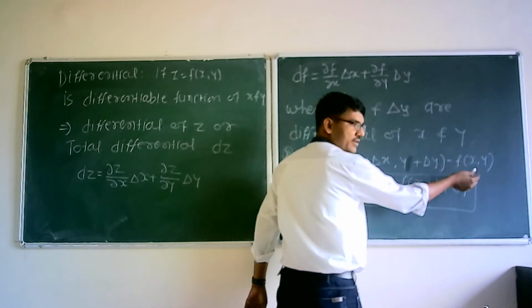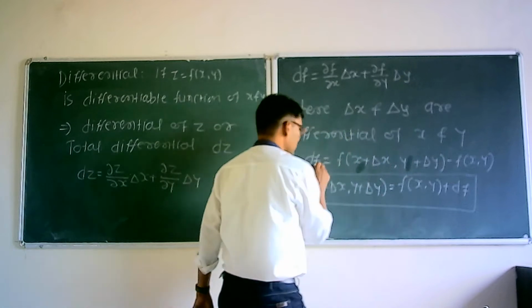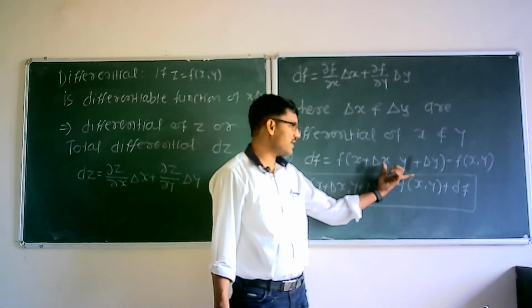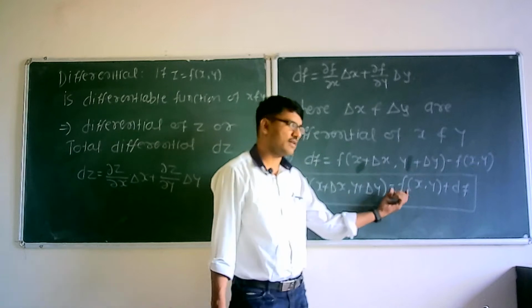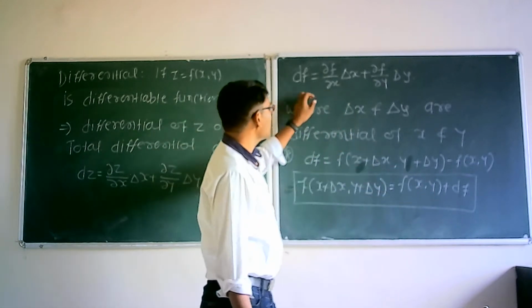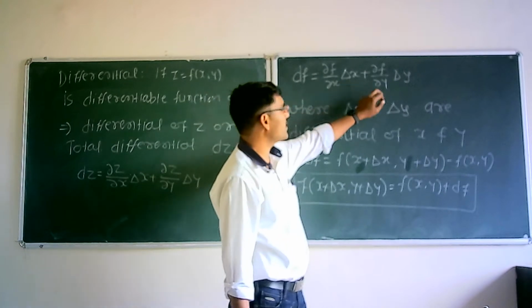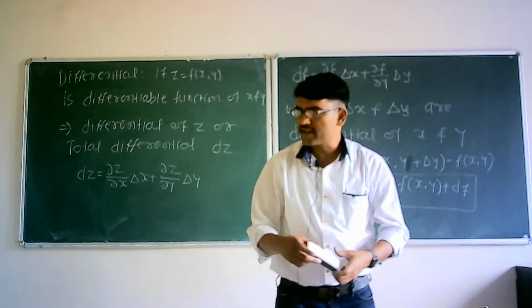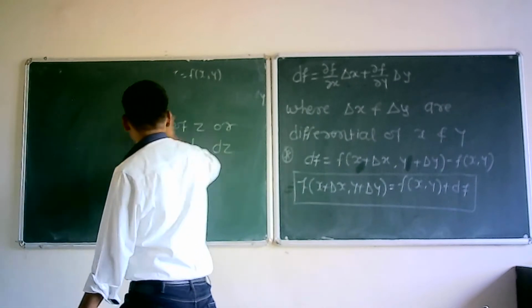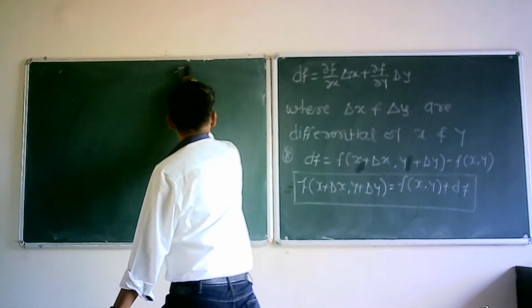We take the right hand term to the left hand side. So f of x plus delta x, y plus delta y can be written as f of x, y plus df. What is df? df is ∂f/∂x delta x plus ∂f/∂y delta y. But what is the working rule to find the approximate value of the given number?